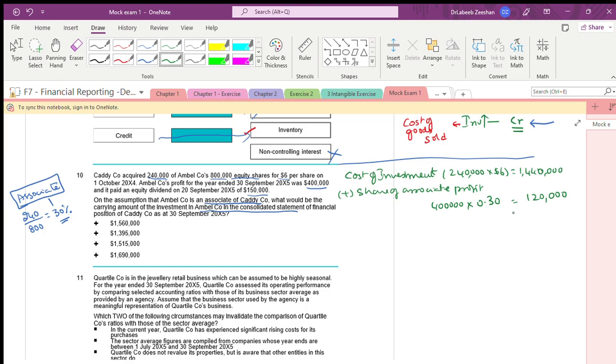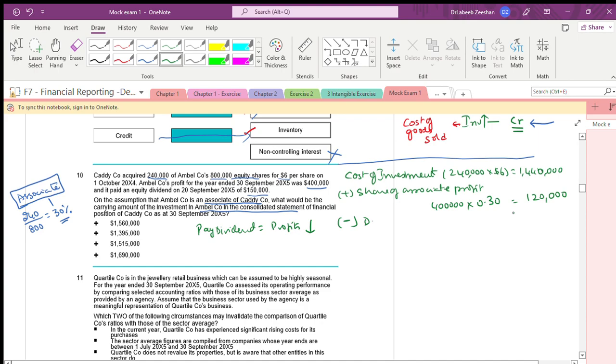Share of associate profit is 120. Now, when you pay dividends, what will happen? Your profits will decrease. How much do we have to deduct? We added the profit, as simple as that.